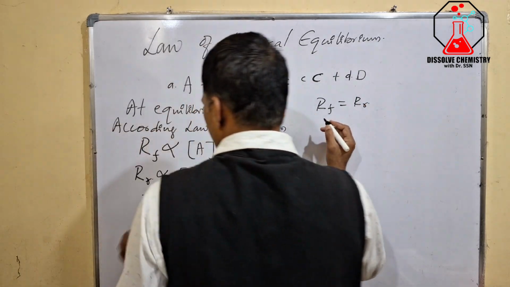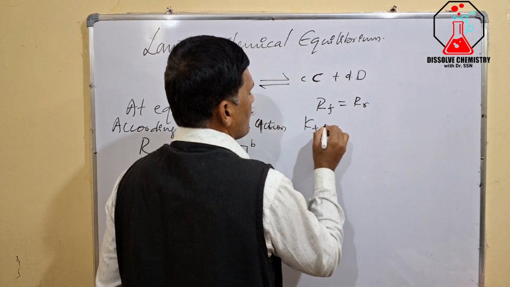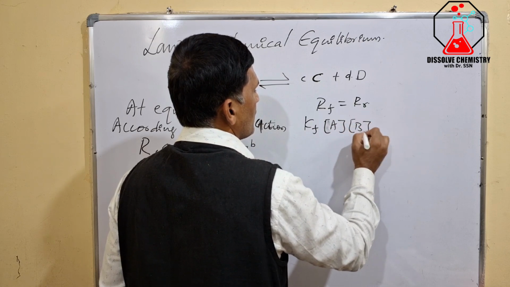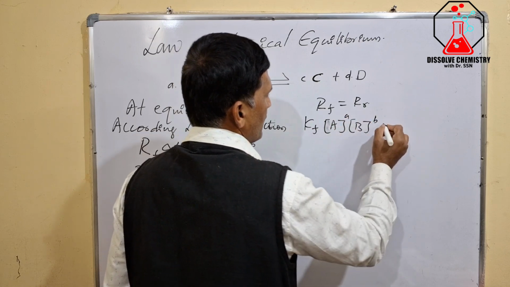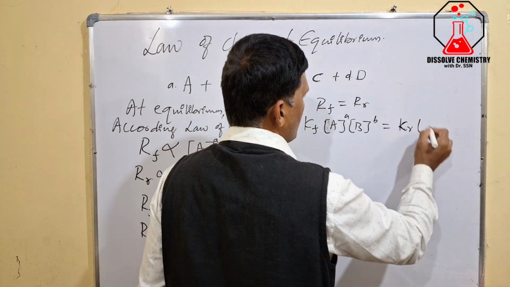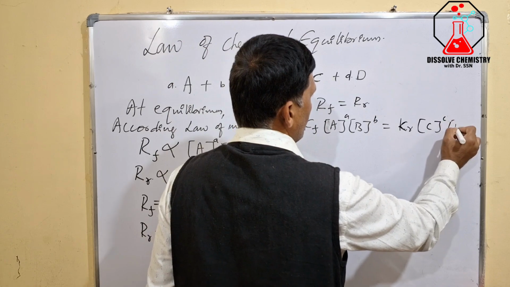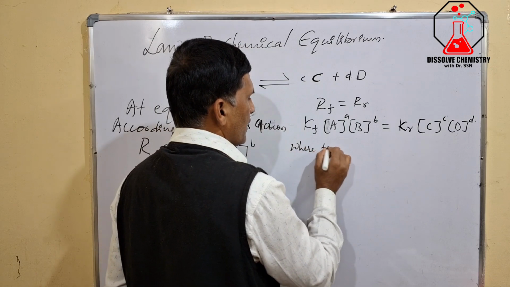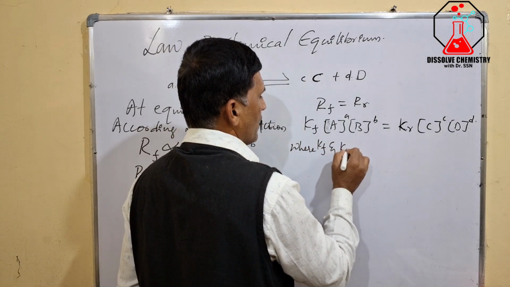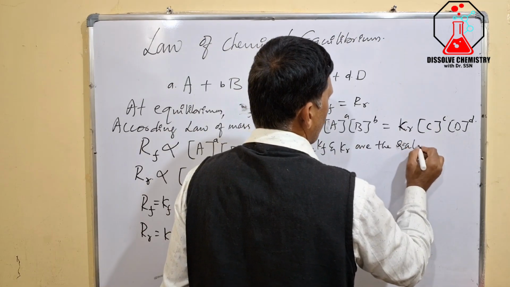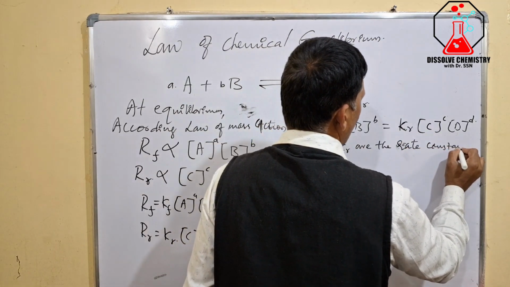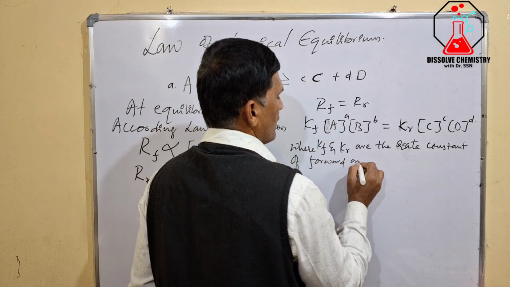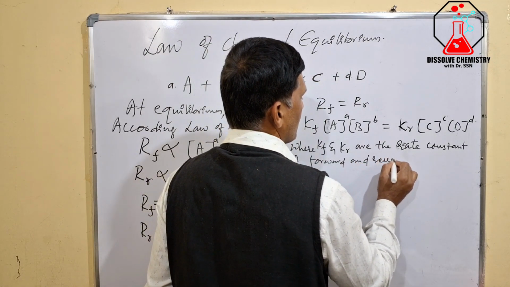So when these two become equal, Kf into A raised to the power a, B raised to the power b, is equal to Kr into C raised to the power c, D raised to the power d, where Kf and Kr are the rate constants of the forward and reverse reactions.